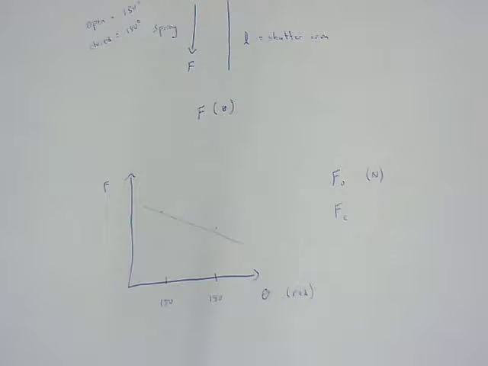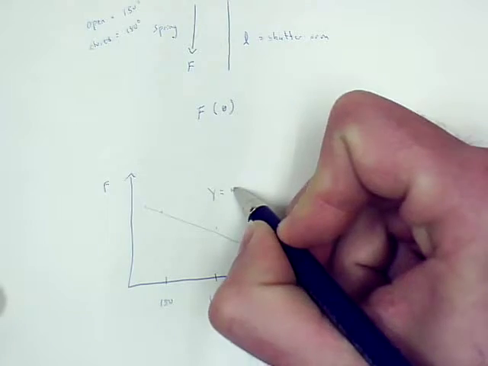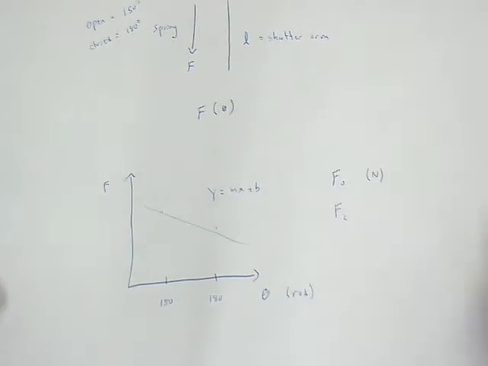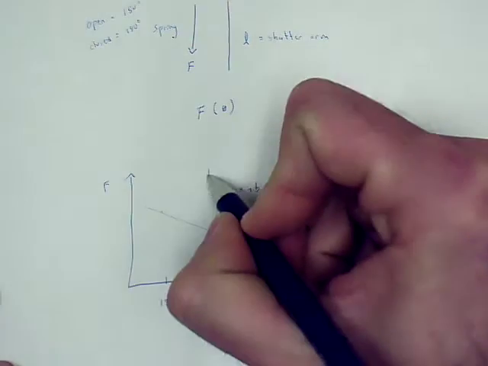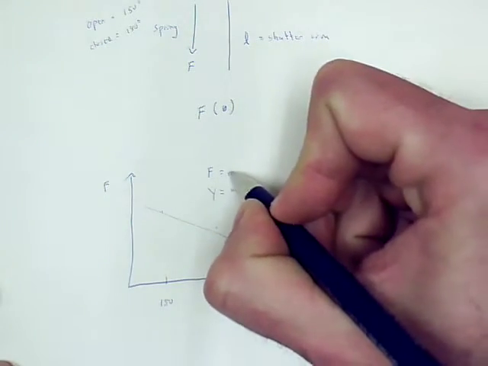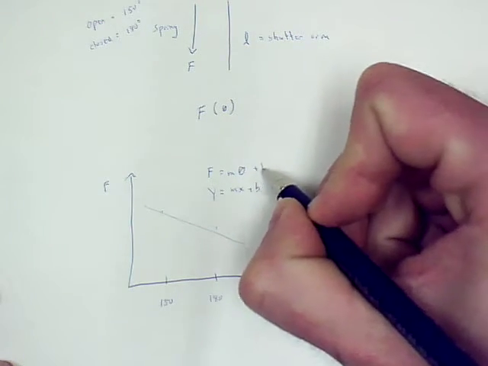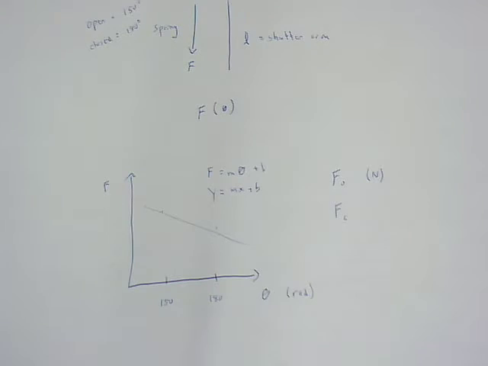Now we can determine what the relationship is, and you can note that this is another linear relationship, so we will get y equals mx plus b, where in this particular case our y is our force, we've got our slope, and our x is our theta, and of course we may have a y-intercept. We're not sure.